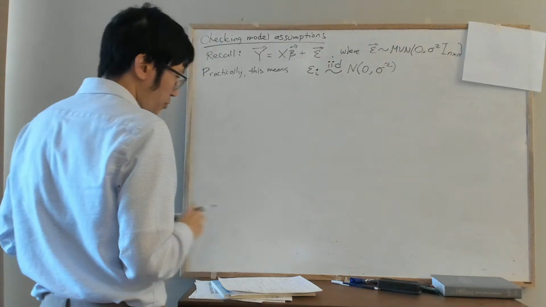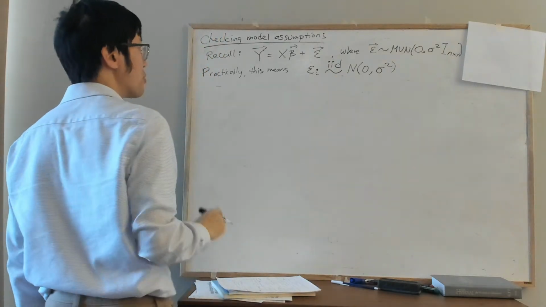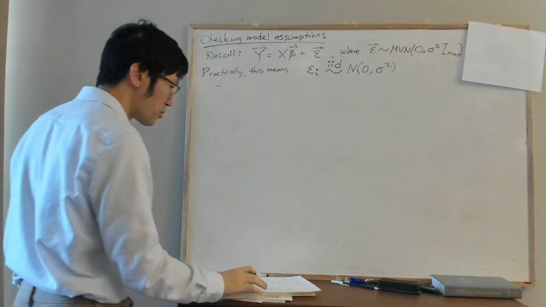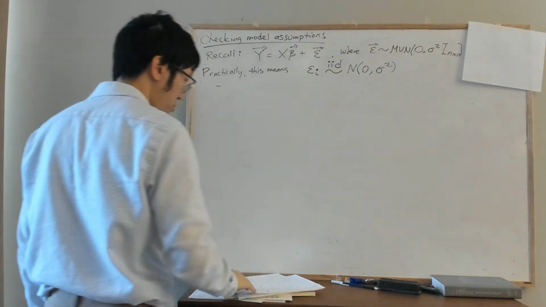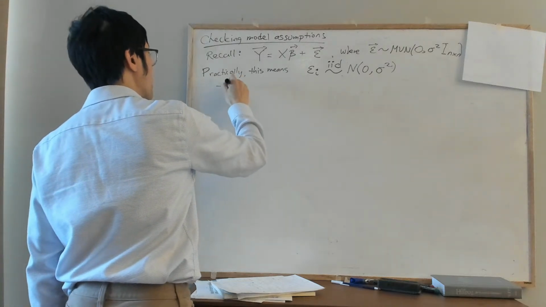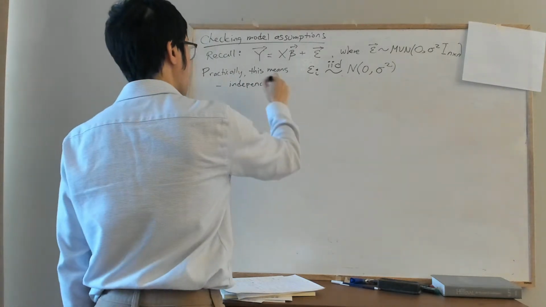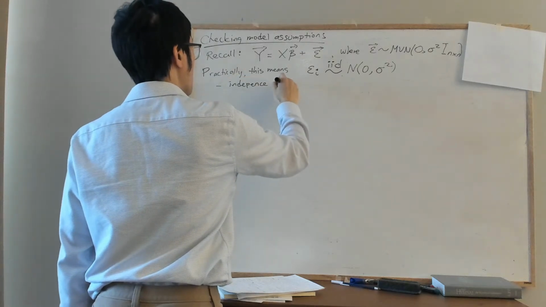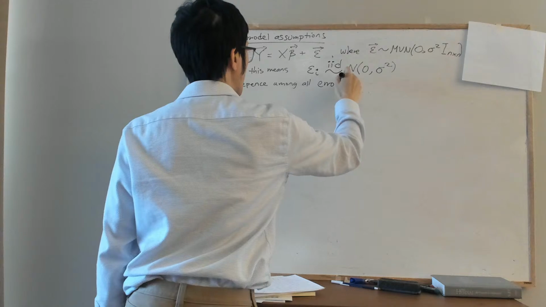So what do we have to check then? This leads to a few assumptions. Firstly, all the errors are independent: independence among all the error terms.